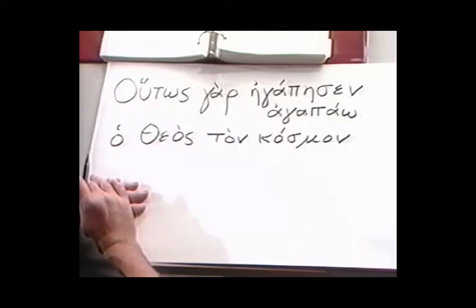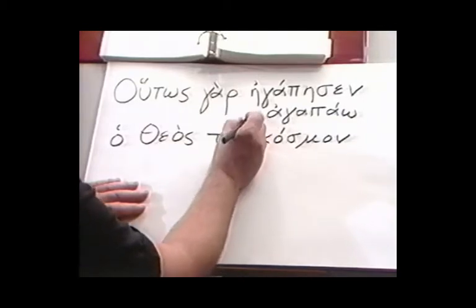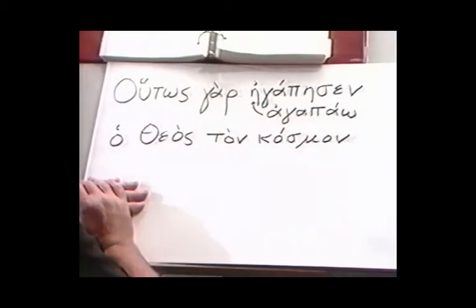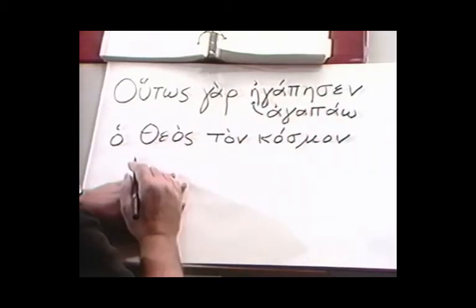What's the next thing we ask of this verb? Is there an augment? Well, notice that this verb begins with a vowel. So if there were to be an augment, this vowel, alpha, would lengthen to an eta. So do we have an augment in this verb, agapesen? Yes, we do.